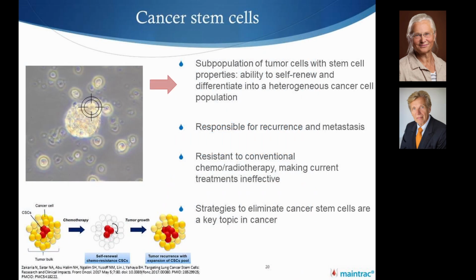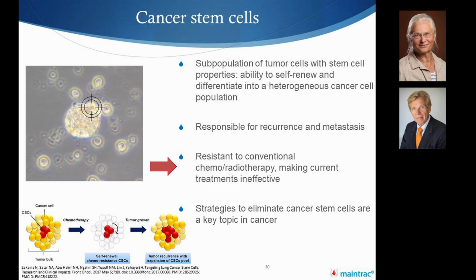The circulating cancer stem cells are most probably responsible for recurrence and for metastasis, because for metastasis to grow, it's really important that the tumor cells are able to expand and to divide. And these cells mainly are resistant to many chemo and radiotherapies, and this makes some of the treatments which destroy or reduce the initial tumor so ineffective.